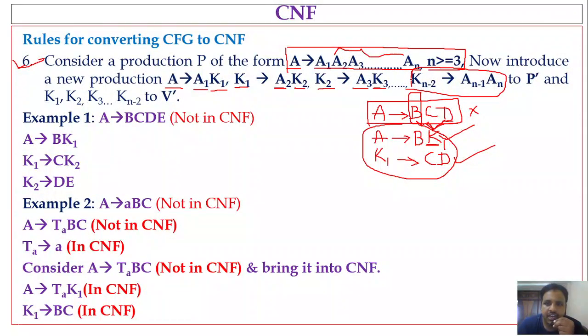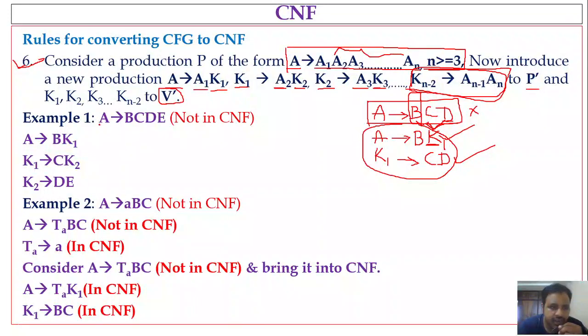Okay. So finally, this is the final K rule that we will get for the sequence of variables in the body of the production. All these productions will be added to P dash and the newly inserted variables will be added to V dash. Okay.